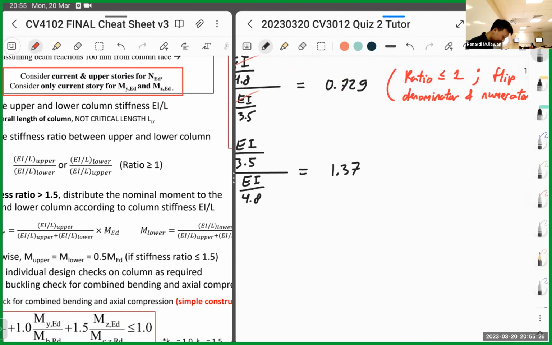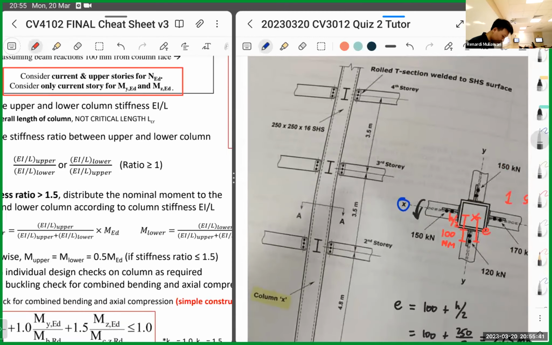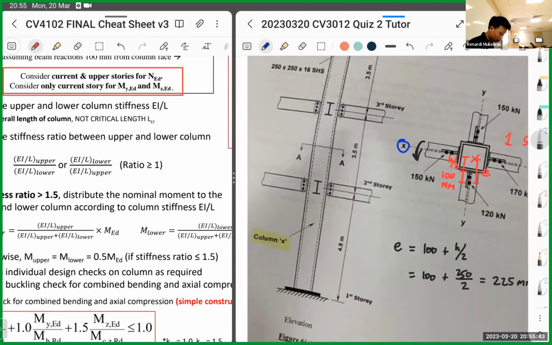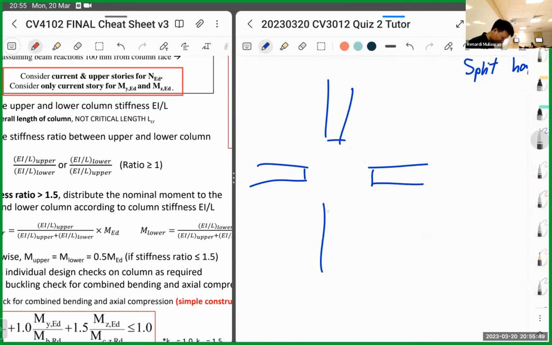So 1.37 is less than 1.5. So split half. So basically it's saying this column up here, I'll just draw. This is your beam. This is the upper column. This is the lower column.